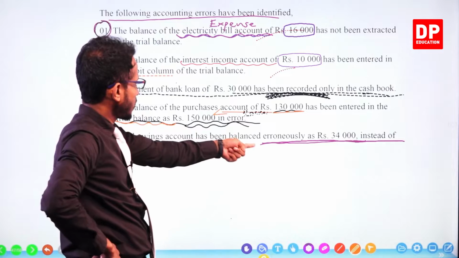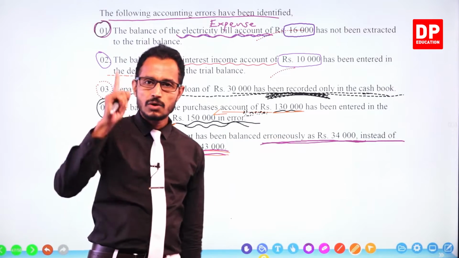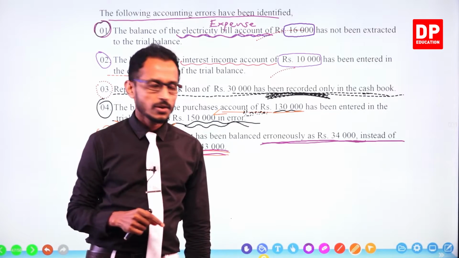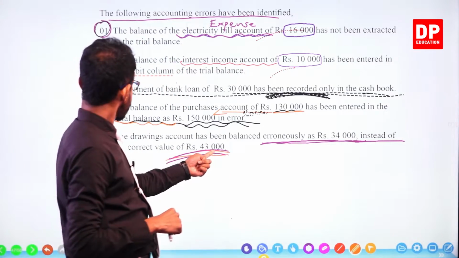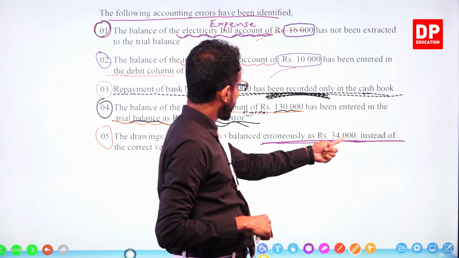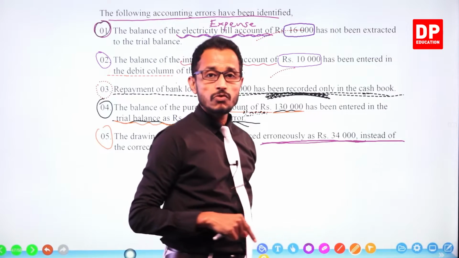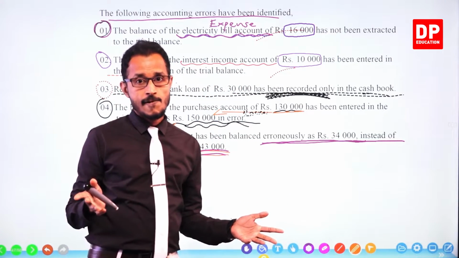Drawings account has been balanced erroneously. There has been an account called drawings account, and the balance should be 43,000. But it has been balanced as 34,000. This is an error which affects the trial balance. Yes or no?